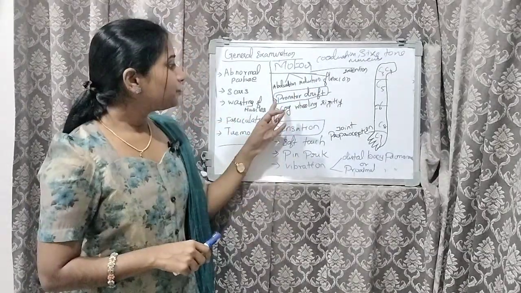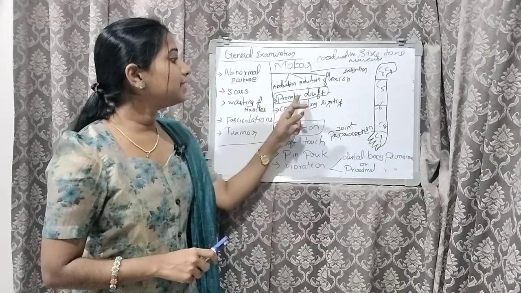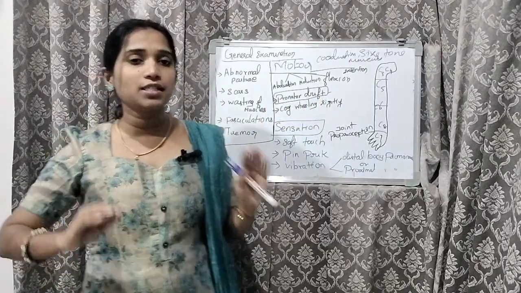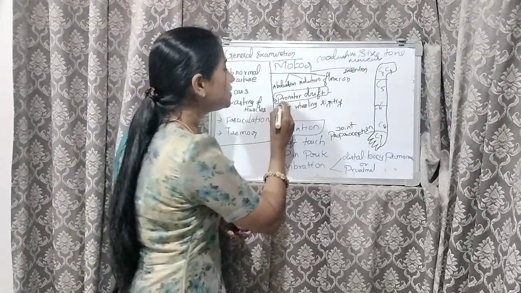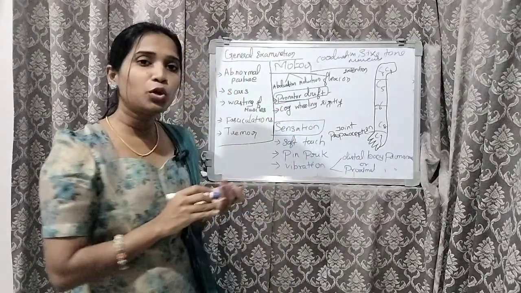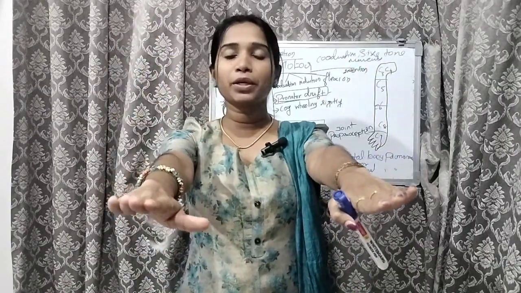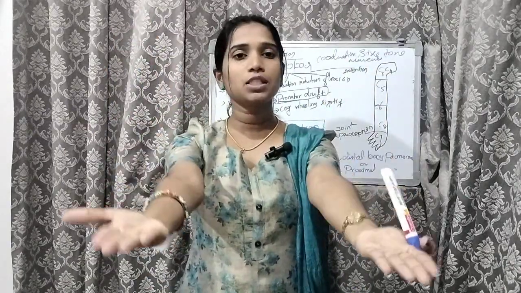Clear? So the first one is pronator drift. The word itself has the answer. Pronator drift means you have to ask the patient to sit and do a pronation. This is pronation, this is supination, right? So ask the patient to do pronation of the hands.